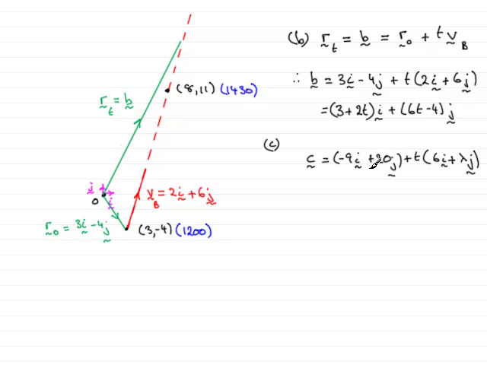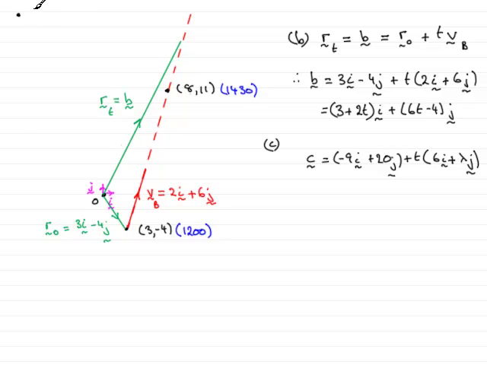So I'm going to plot that on our sketch here. Minus 9i plus 20j will be from the origin 9 units to the left and 20 units up. So I'm going to assume that it's somewhere up here. It's not drawn to scale, but let's just imagine it's there.